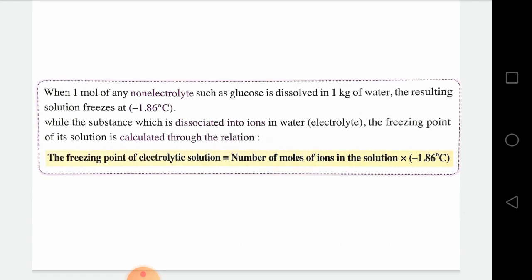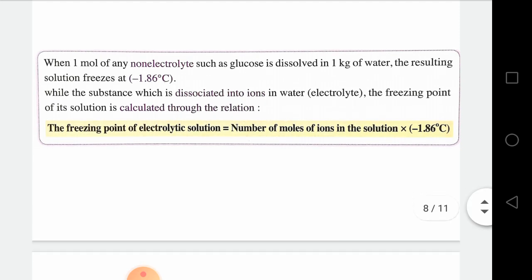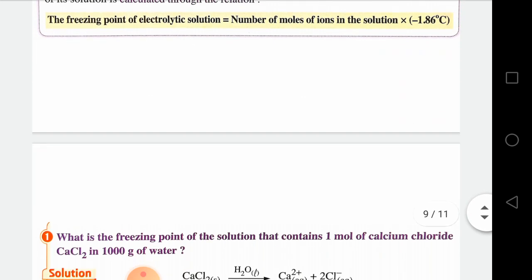But non-electrolytes do not dissociate or ionize in the solvent when dissolved. So the relationship is: the freezing point depression of an electrolytic solution equals the number of moles of ions produced after the dissolving process, multiplied by negative 1.86 degrees Celsius.